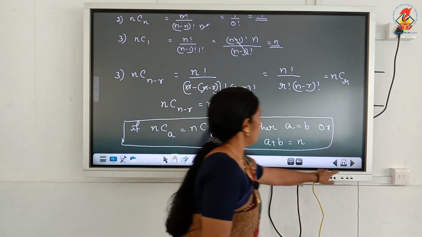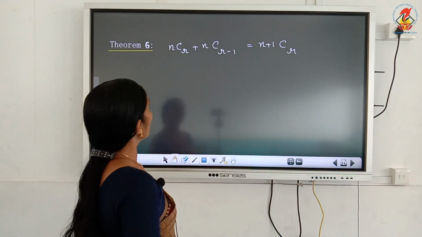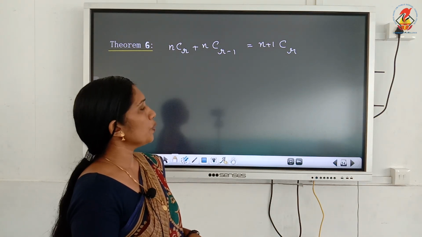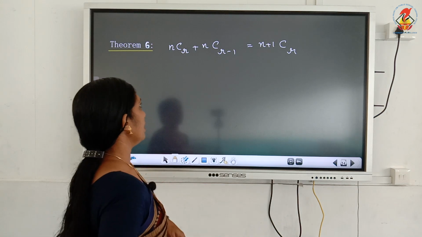Now we have one more theorem. nCr plus nC(r minus 1) is equal to (n plus 1)Cr.